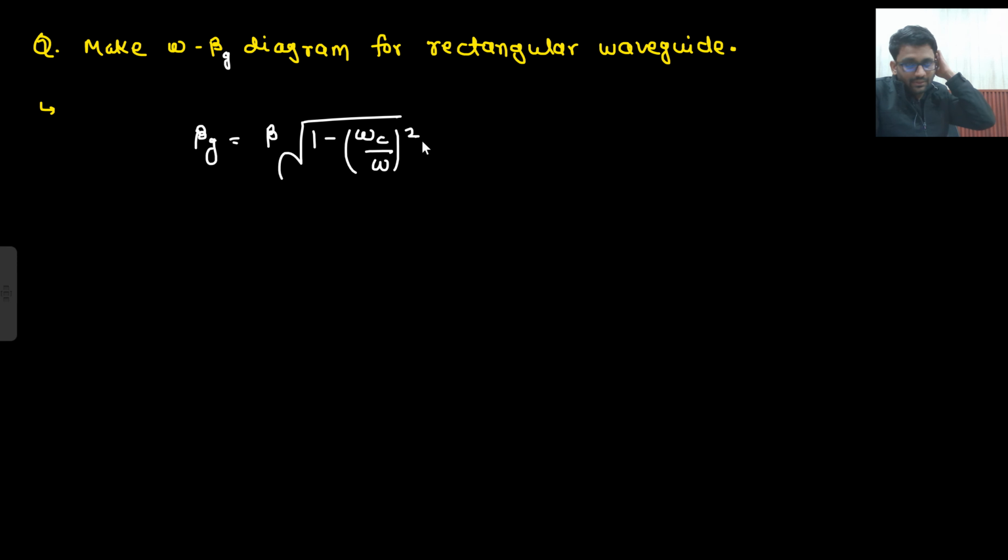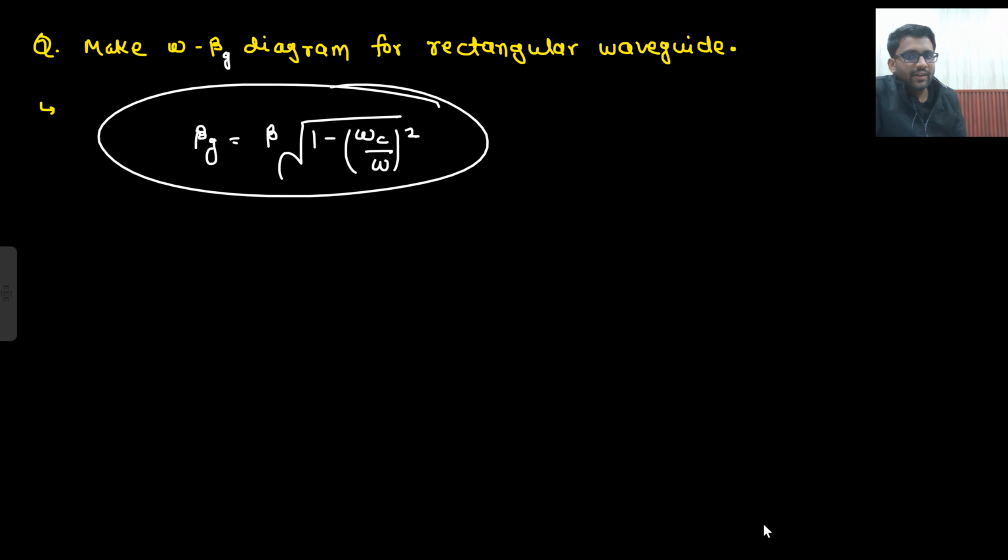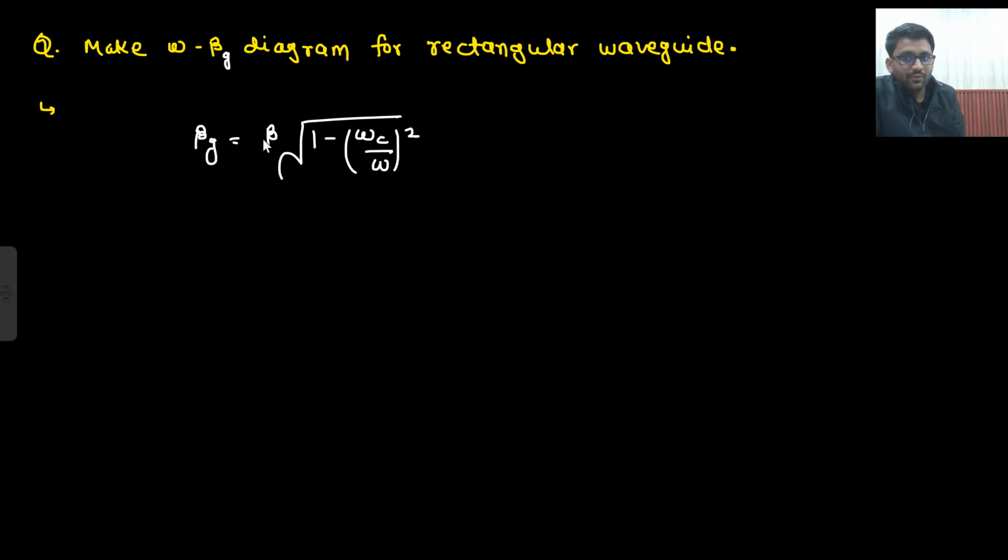Now the thing is, what is the function between beta and omega? I told you, beta is also a function of omega. This is not the relation of beta G and omega, but beta is also a function of omega. What is beta?